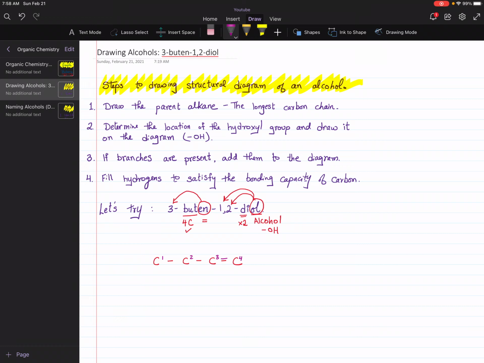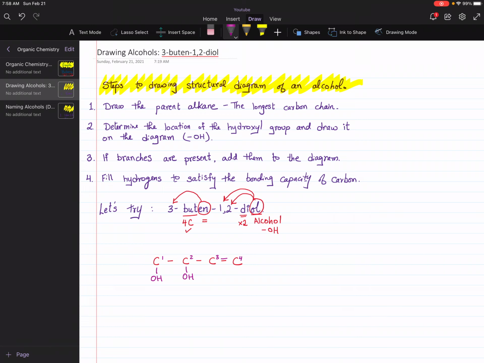Now the name indicates that there are alcohol groups, which are OH groups, hydroxyl groups, at position 1 and 2. So we will add the hydroxyl group, OH, at position 1, and OH at position 2.